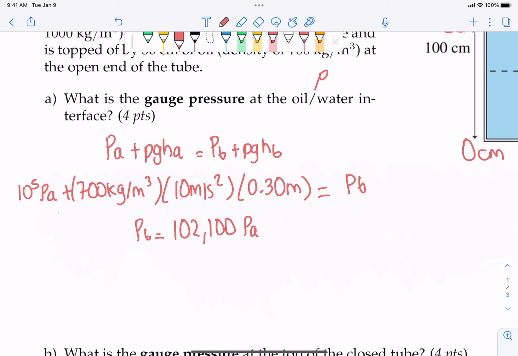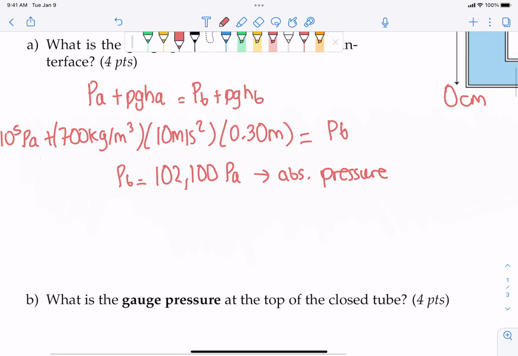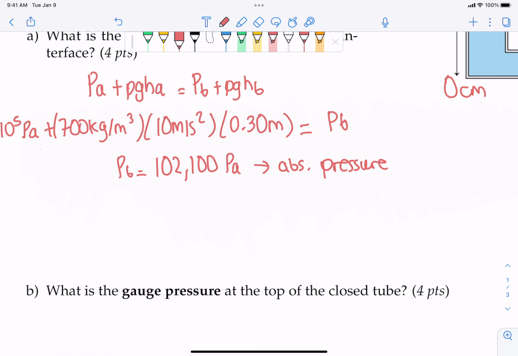102,100 pascals. So that's absolute pressure. We can find gauge pressure just by simply subtracting the atmospheric pressure from it. So we can take 102,100 pascals minus 10 to the 5th pascals.